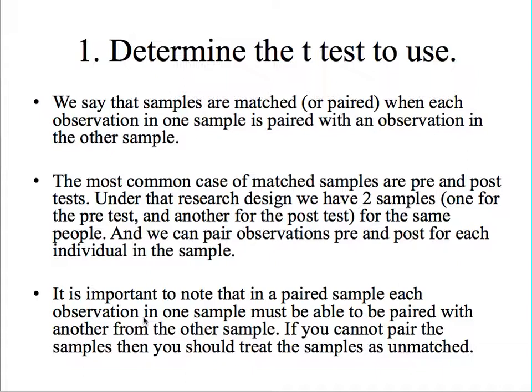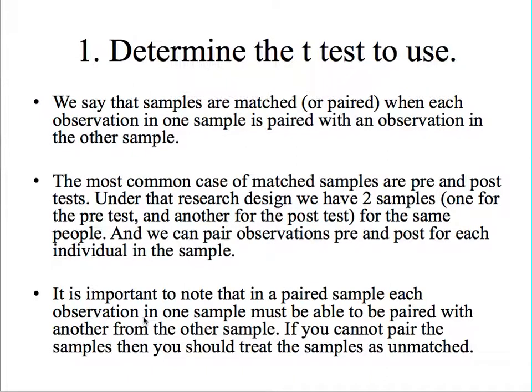Now, in some cases, especially when you're using surveys, you may have the same survey distributed to the same group of people, but you may not be able to match the observations on the pre to the post.